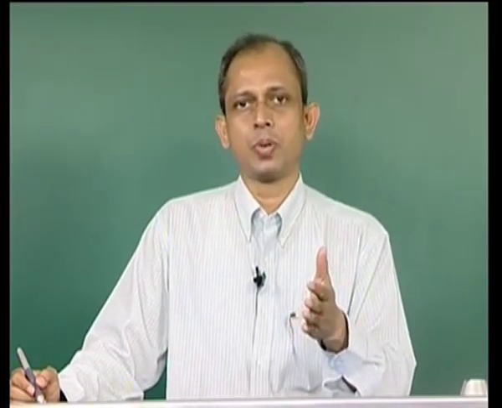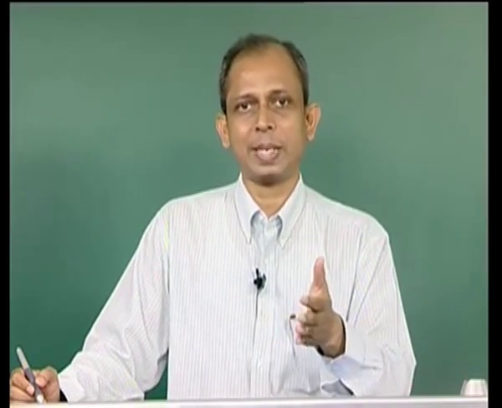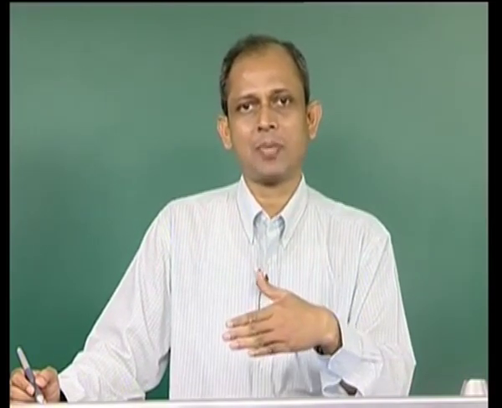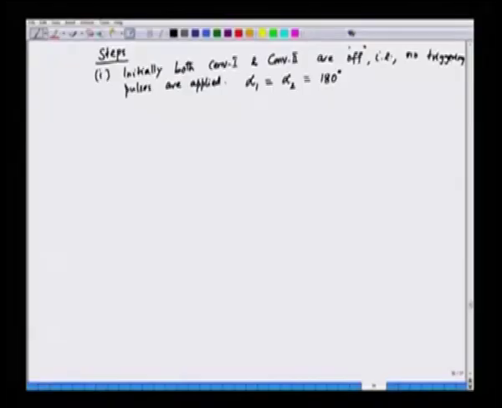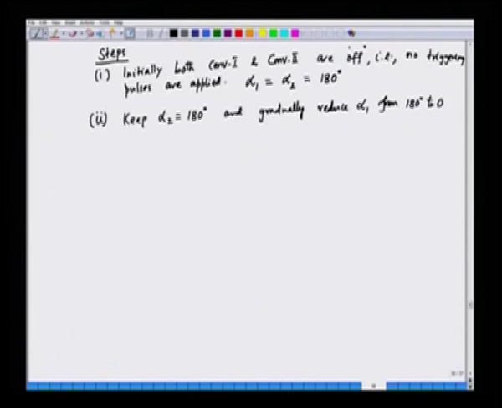Now, we keep alpha 2 equal to 180 and change alpha 1 gradually from 180 to 0. That is step 2. In step 2, keep alpha 2 equal to 180 and gradually reduce alpha 1 from 180 to 0.